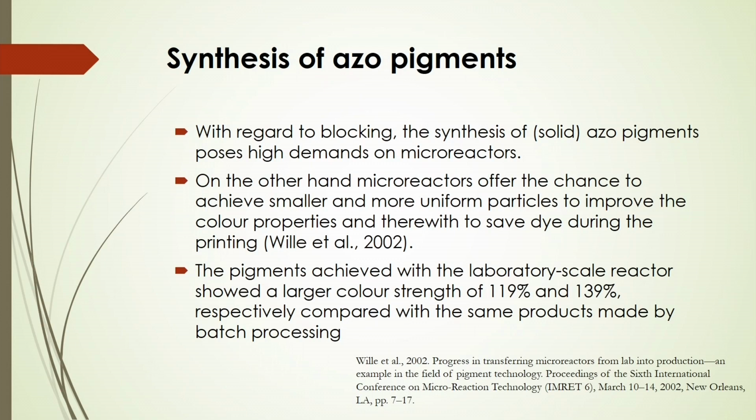Now, there are other syntheses like azo pigment synthesis. The synthesis of azo pigments places high demands on microreactors, and microreactors offer the chance to achieve smaller and more uniform particles to improve the color properties, and also to save dye during printing. So, azo pigments are very useful chemicals for printing purposes. Synthesizing these azo pigments in microreactors is also one of the important aspects of process intensification.